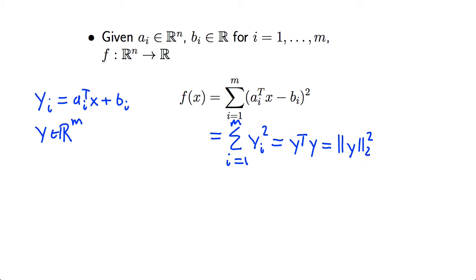Okay, so that's great, but how do we actually come up with this vector y that has this property? Well, if we form a matrix A that has all these a_i's as its rows, so a_1 transpose will be the first row, a_2 transpose the second one, etc., all the way to a_m transpose.